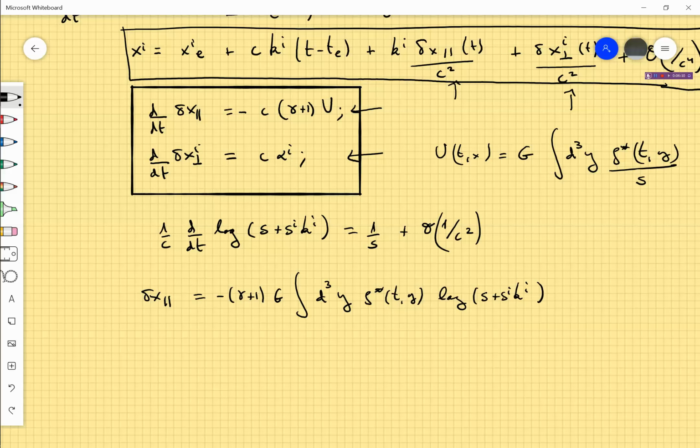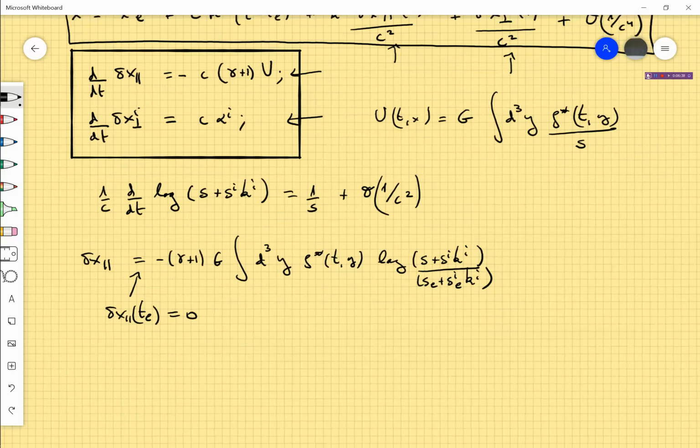If you impose the boundary condition that delta x parallel at emission time is 0, you get a term which is like this one but evaluated at emission time. Collecting both of them under the same integral, you get s_e plus s_i e ki, and this is the expression.